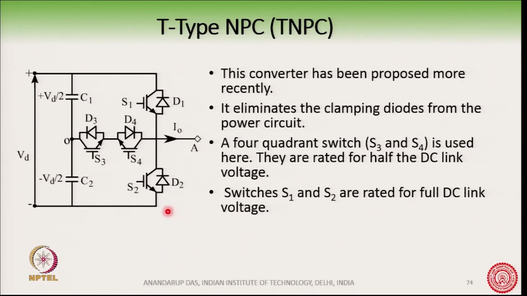Now, if you see here, in TNPC we have one upper switch, one lower switch and 2 switches to access the 0 point here. Okay. So, this point is plotted here.